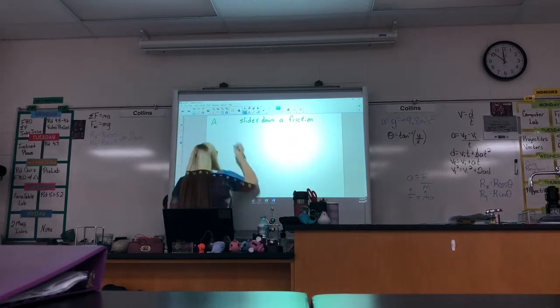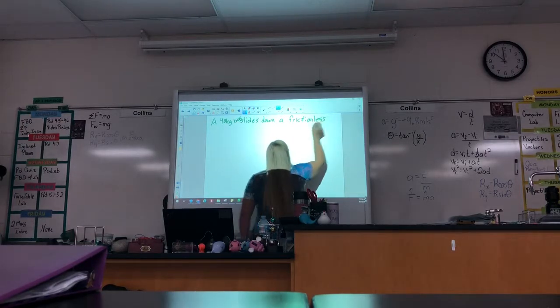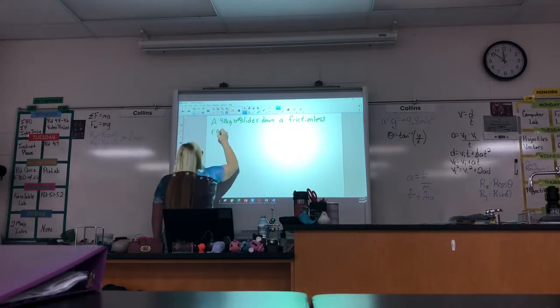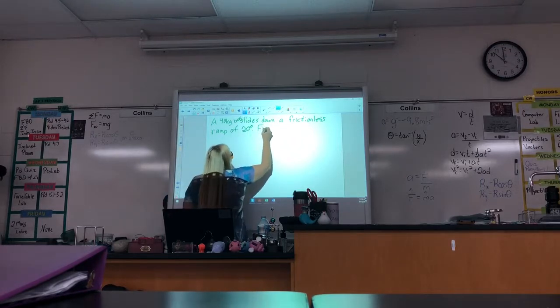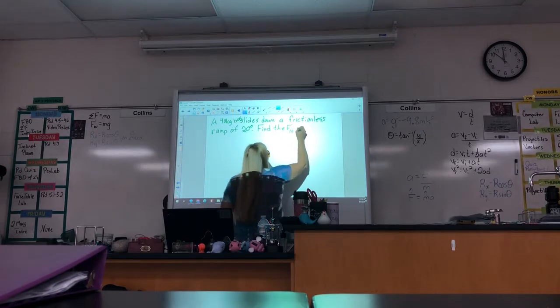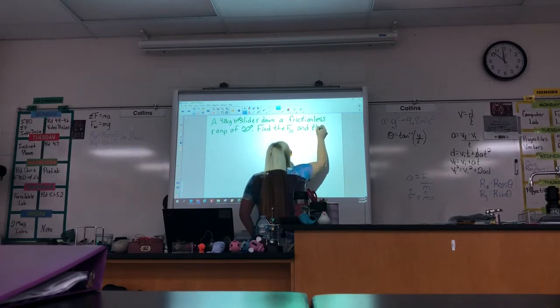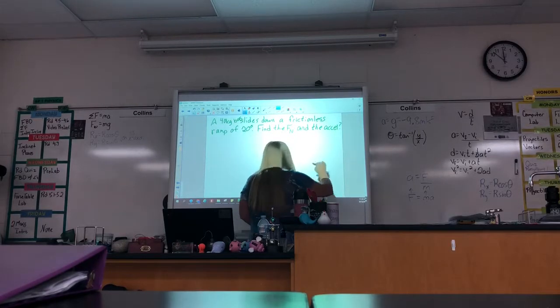Let's say a 40-kilogram box slides down a frictionless ramp of 20 degrees. Find the normal force and the acceleration.